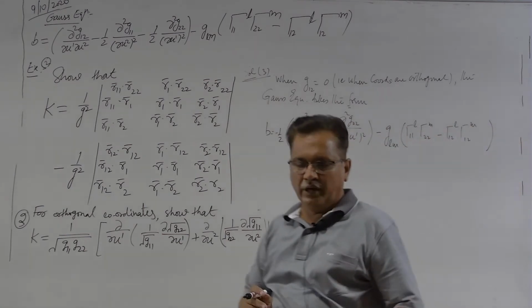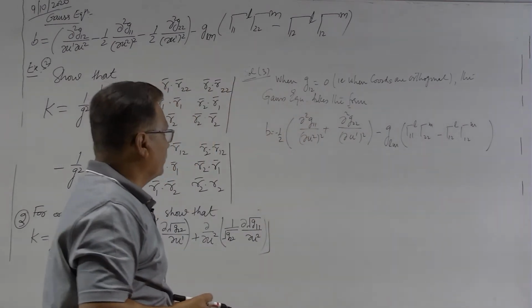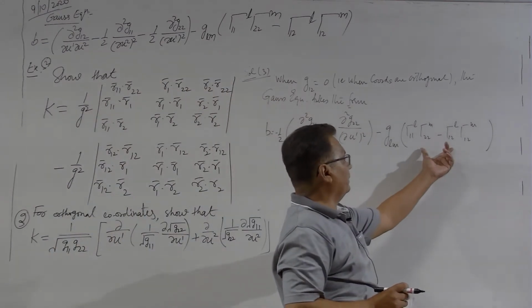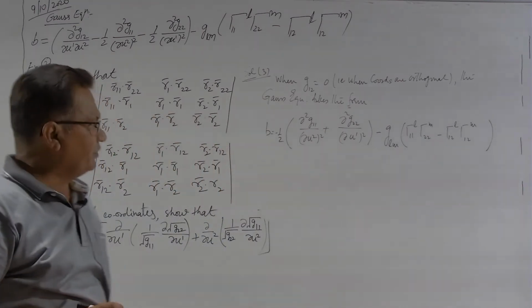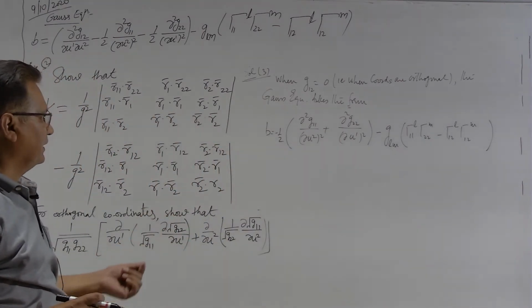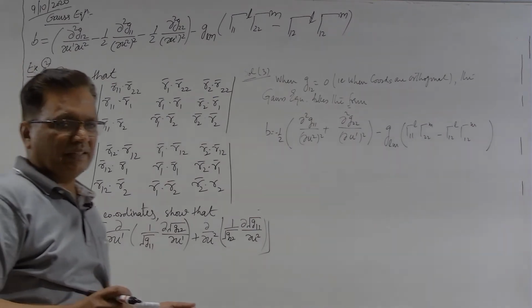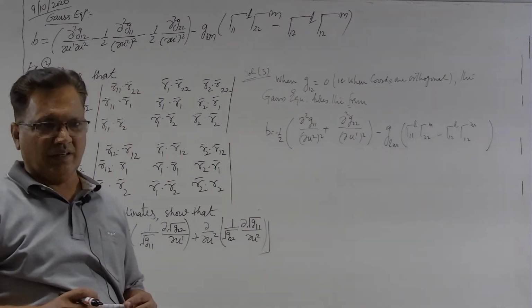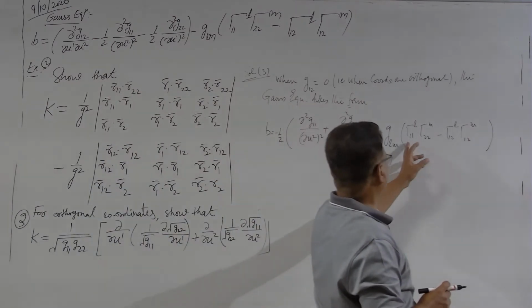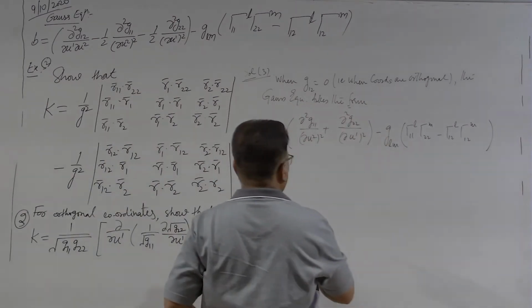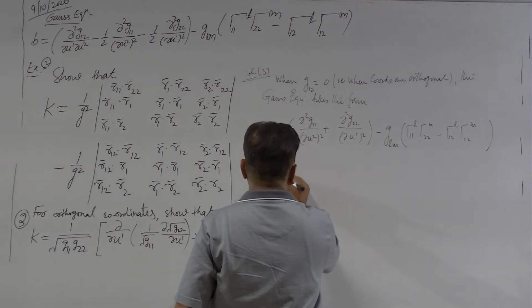What you have to do here is resolve this Christoffel symbol under the condition when G12 is 0. You have seen in one of the exercises that the Christoffel symbols get a simpler expression under the condition G12 equal to 0. So, let me look at these Christoffel symbols. Christoffel symbol L11 will be what?